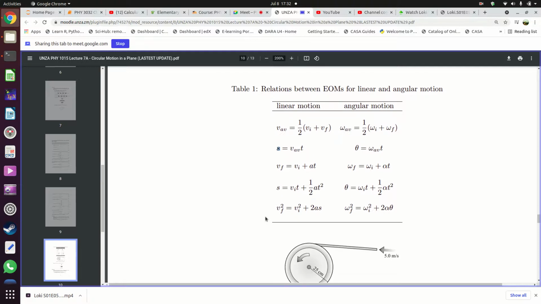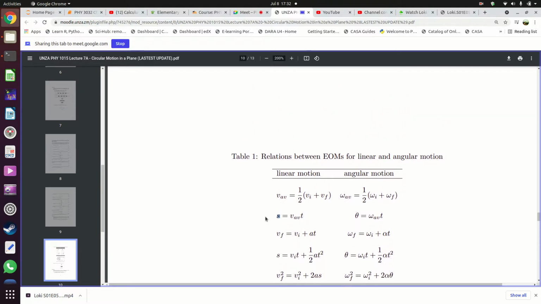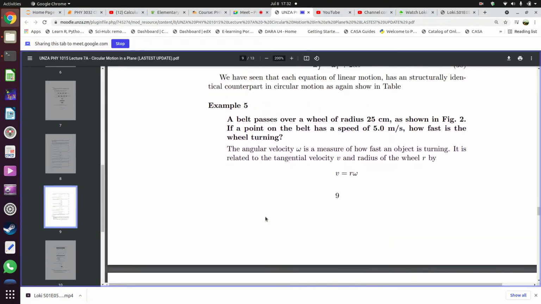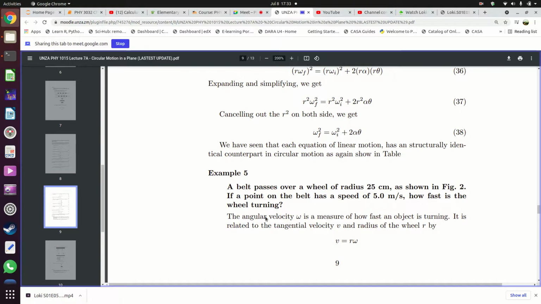No, I'm clear, sir. Okay, so let's look at some examples and see how we use this information which I've come up with. Okay, so here, example number 5, a belt passes over a wheel of radius 25 centimeters as shown in figure 2. If a point on the belt has a speed of 5 meters per second, how fast is the wheel turning?